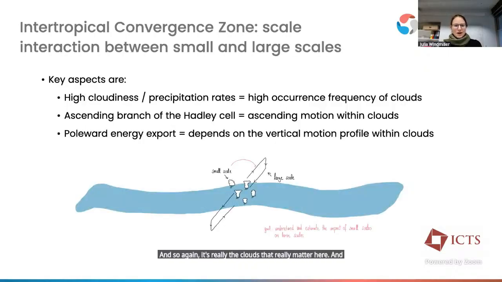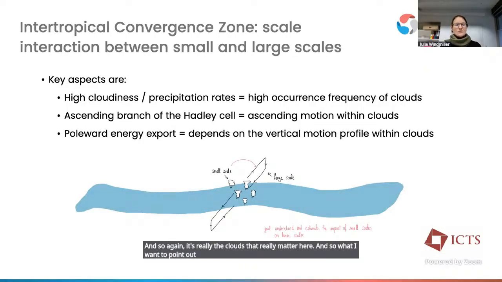And so what I want to point out is that you can really not understand the Inter-Tropical Convergence Zone, and also not the Hadley cell, without understanding the scale interaction between the small and the large scales.